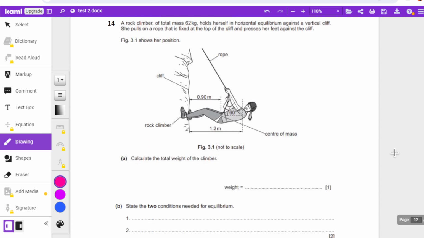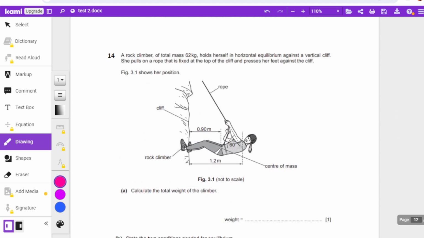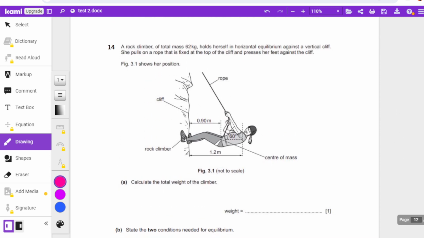Okay, now let's move to question 14. What is given in this question? He gave only mass. A rock climber of total mass 62 kilograms holds herself in horizontal equilibrium against a vertical cleft. She pulls on a rope that is fixed at the top of the cleft and presses her feet against the cleft.